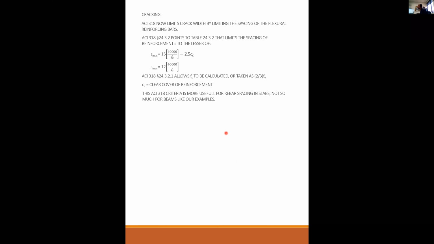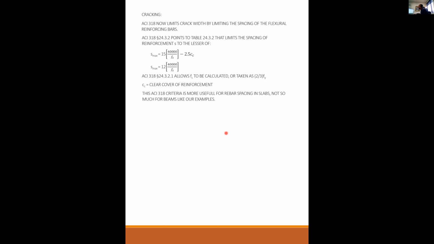First one is that if you're doing a flexural design, now we've already talked about shear, and now we've gotten into cracking and deflection, but if you're doing a flexural strength problem, whether it's a singly reinforced rectangular beam, or a doubly reinforced, or a T-beam, or a one-way slab, doesn't matter, you always need to check your minimum steel.